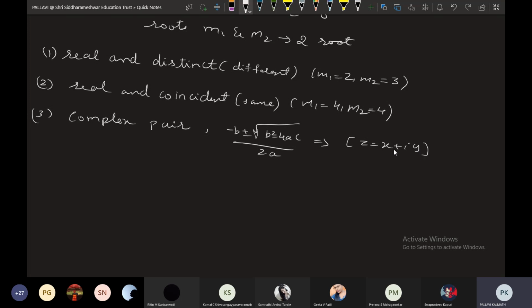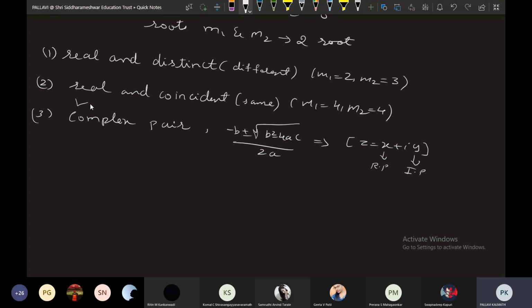This is a complex number. x is known as which part, real part or imaginary part? Real part. Then y is known as the imaginary part. So here you are going to get some number consisting of a real part plus an imaginary part.